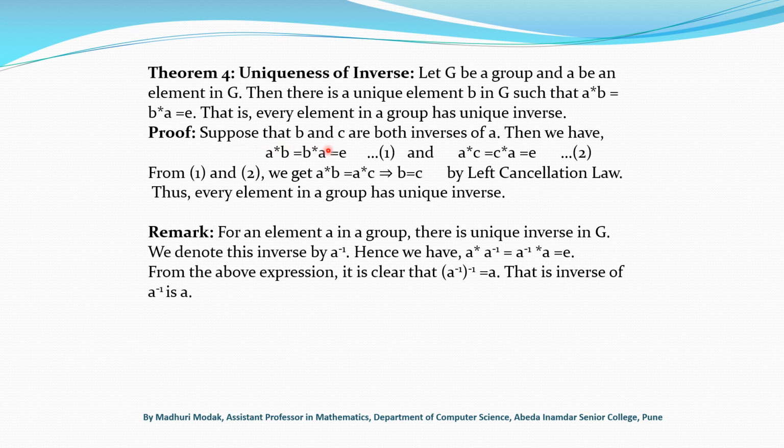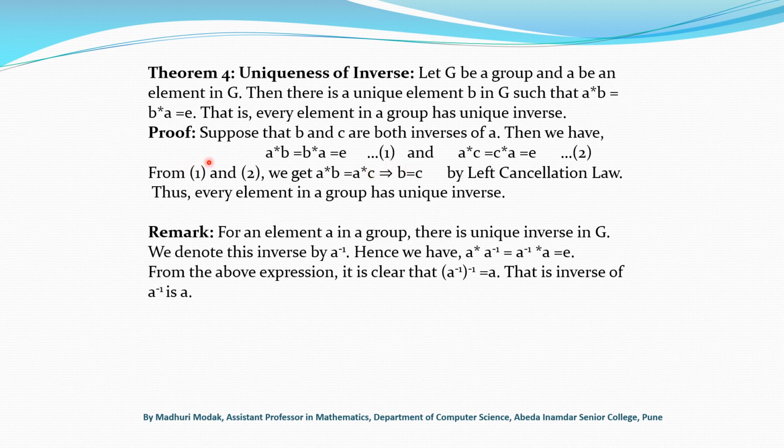Now, as B and C are inverses of A, by definition, A star B is equal to B star A, which is identity. Similarly, as C is an inverse of A, A star C equal to C star A is equal to identity. Now see the rightmost side of 1 and 2. It is E. It means A star B, B star A, A star C, C star A all are equal.